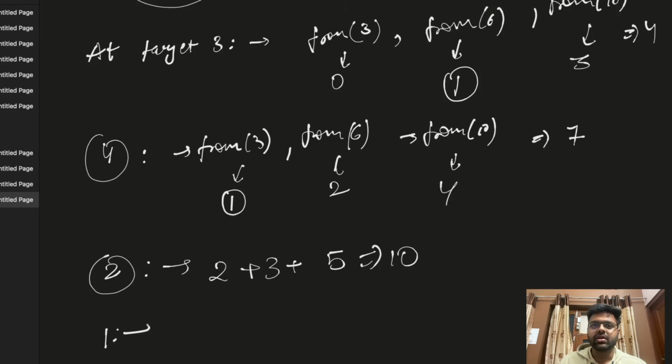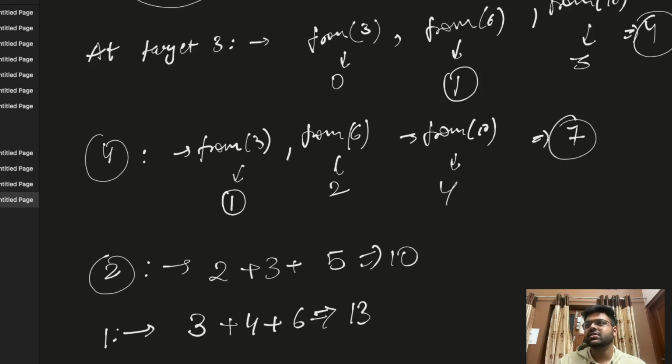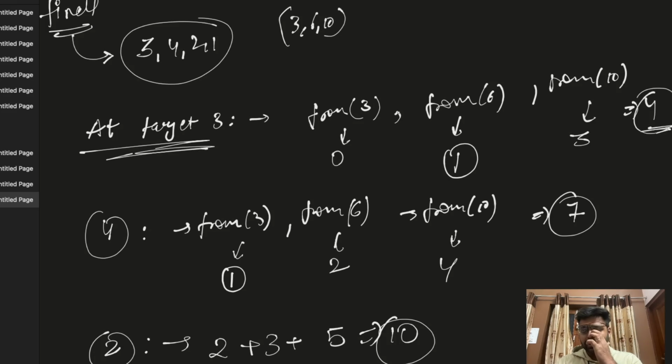To reach 1, it would be 3 for this, 4 for this, 6 for this, so I end up with 13. Out of all those, the minimum is 4, so our target would be 3. We could all reach 3, and the total minimum operations required would be 4.